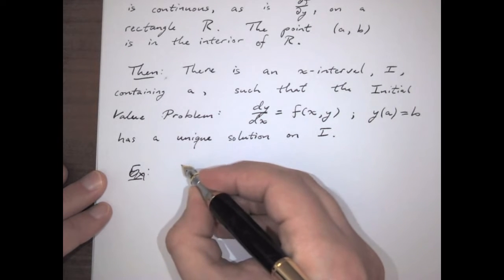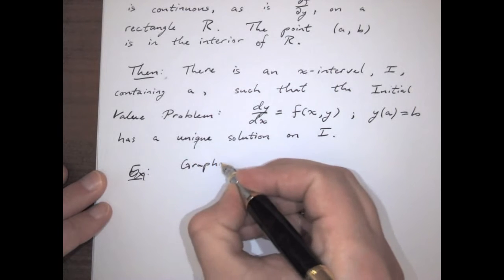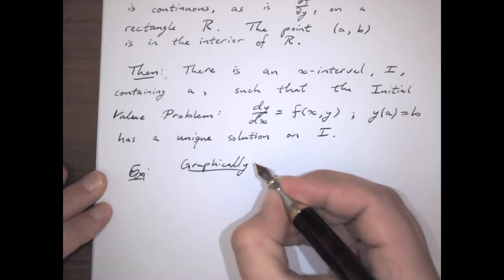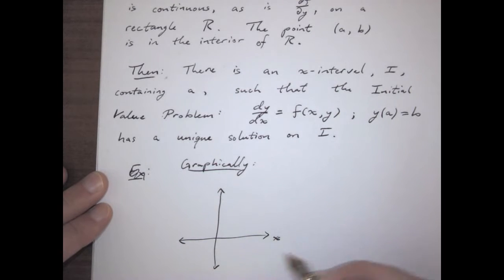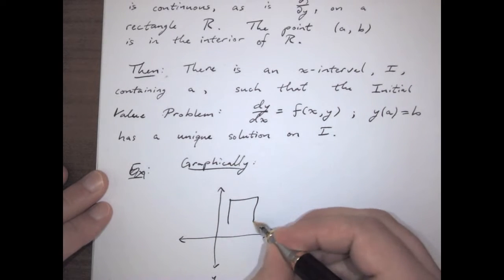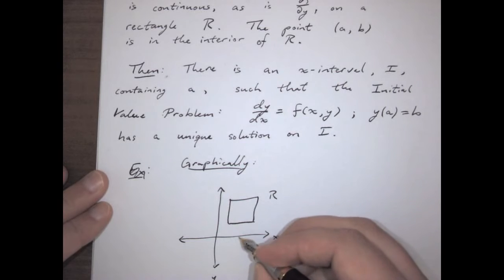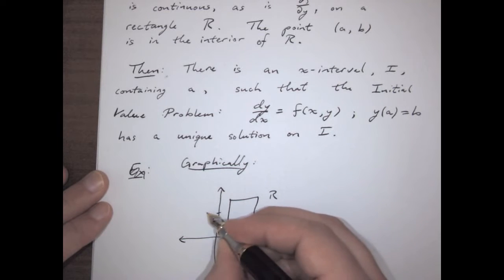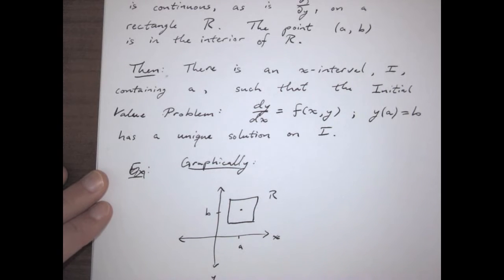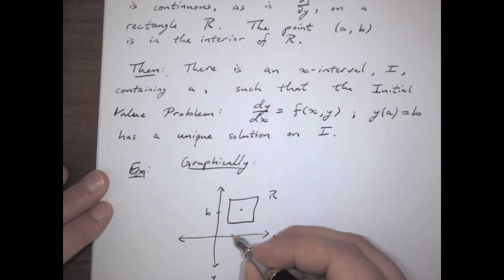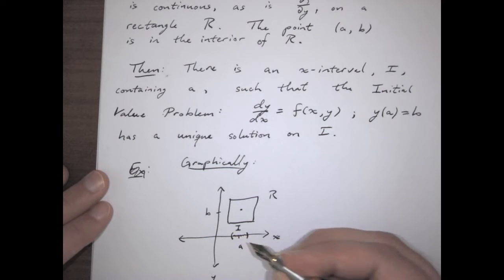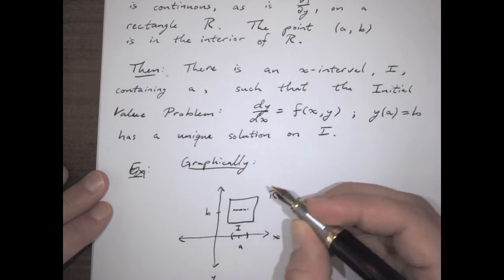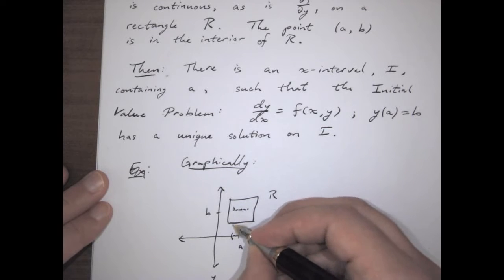All right, so what this all means if we were to look at it graphically is this. Not an example, just graphically. Here's the xy plane. Here's the rectangle R. Here's the point (a, b) situated within the rectangle R. Here's the interval I, which here would correspond to the x values going from here to here.